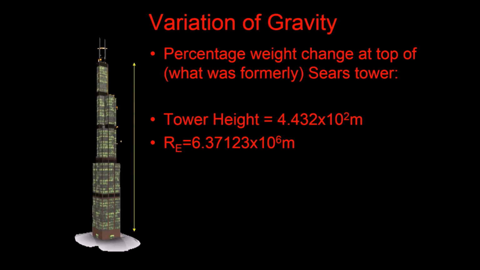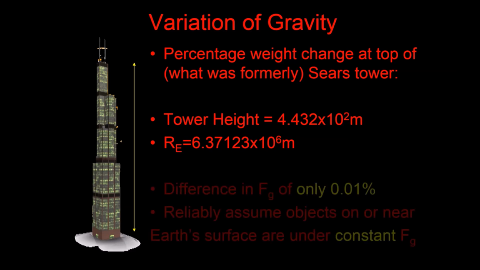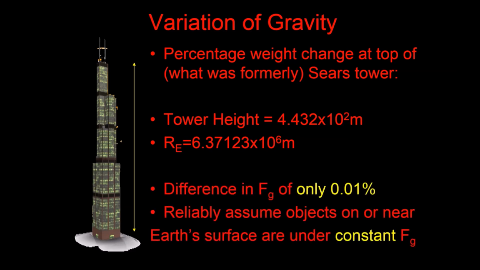This means if we go from the bottom of this tower to the top of this tower, the difference in the force of gravity is only 0.01%. That means we don't really need to add that to our calculations today. We're not being that accurate. We're trying to understand how gravity varies rather than go to the nth decimal place with our calculations.